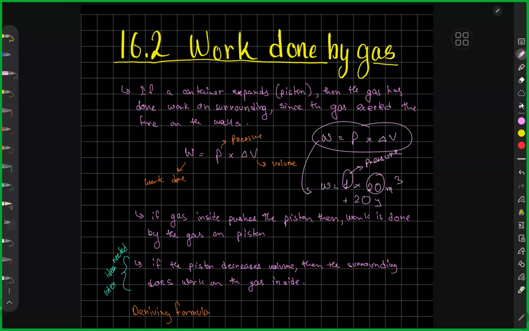Everywhere it's important, but in this chapter especially, they will want to know whether work is being done on the gas or by the gas on the surrounding. To understand that, you would have to express your final answer as positive or negative. Whenever you say work done is negative, that means the gas lost energy or the gas did work on the surrounding. So your sign over here, especially in this chapter, is very important.